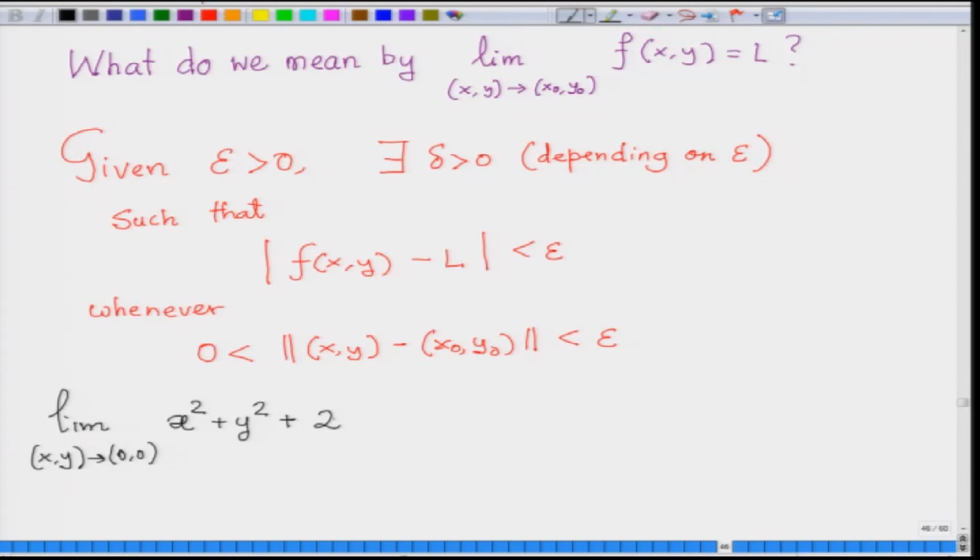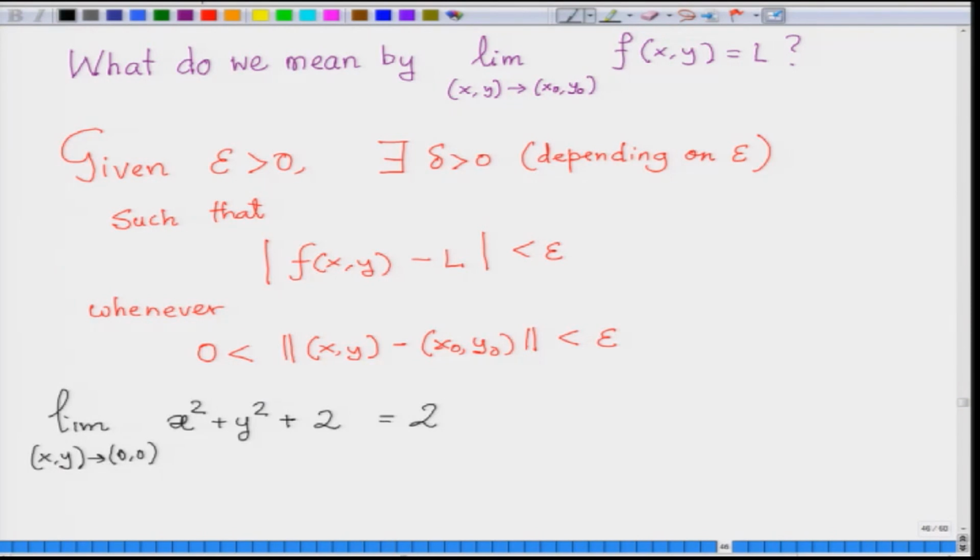Of course, with hindsight you know it does not matter whichever road I come to 0, this x square plus y square would always be 0. So, this answer would be 2. This is the kind of idea that you can use.